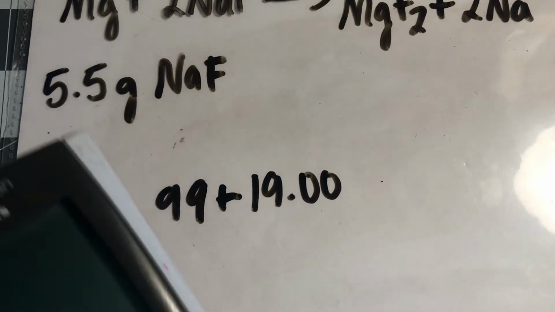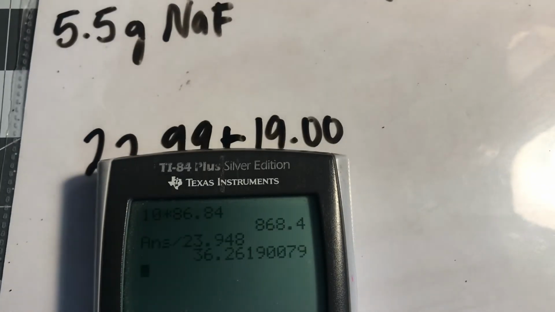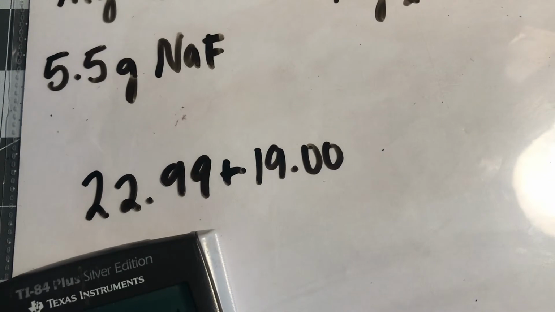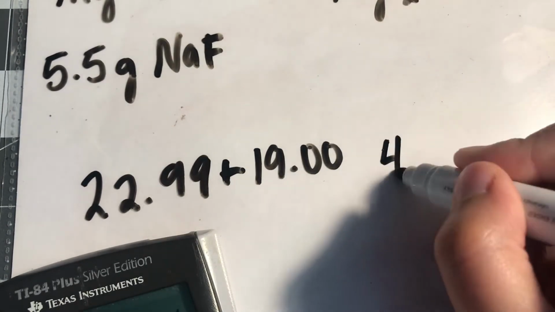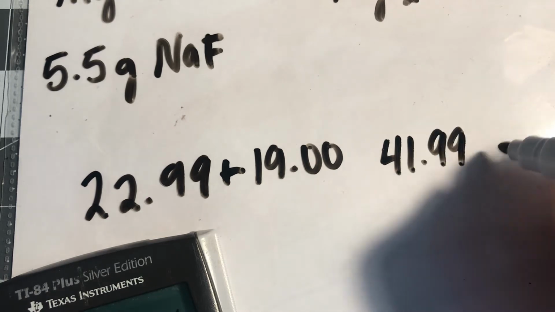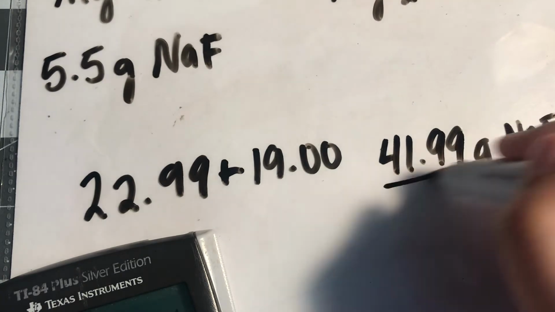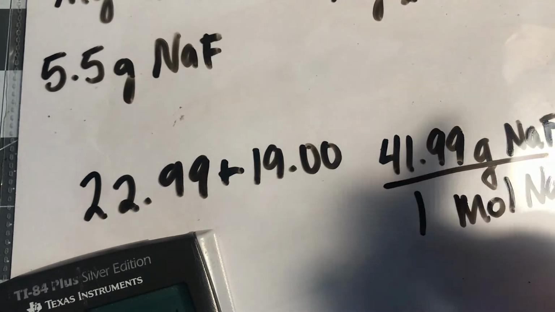So with my calculator, 22.99 plus 19 is 41.99. So 41.99 grams of sodium fluoride per 1 mole of sodium fluoride, okay?